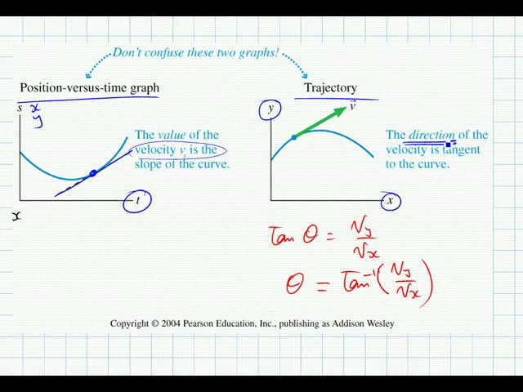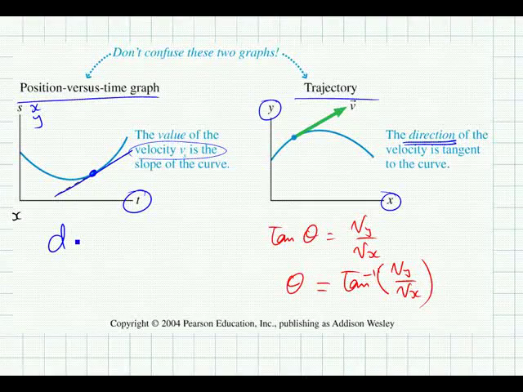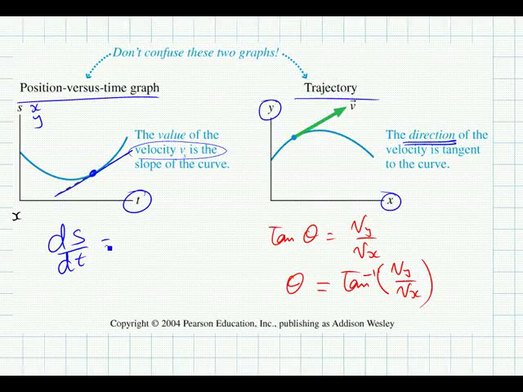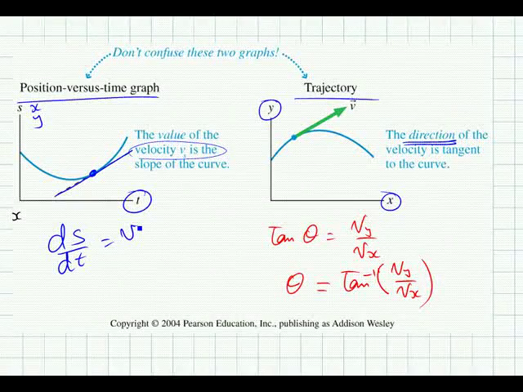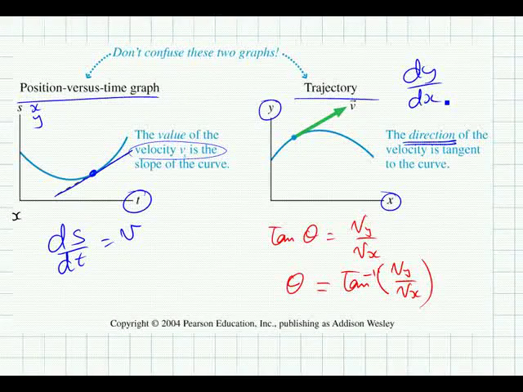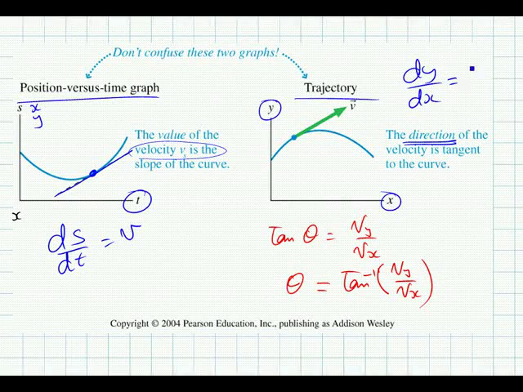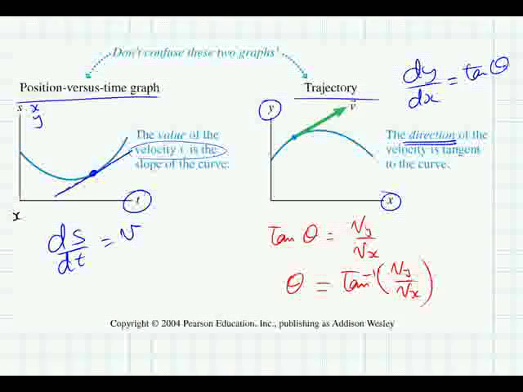So the slope of the position versus time, or ds/dt, gives us the magnitude of the velocity, and dy/dx, the slope of the trajectory plot, gives us the direction of the velocity, which in this case is tan theta, giving us the angle theta.